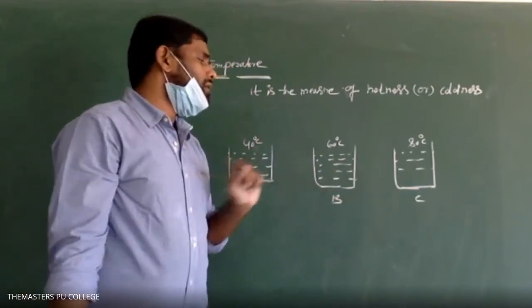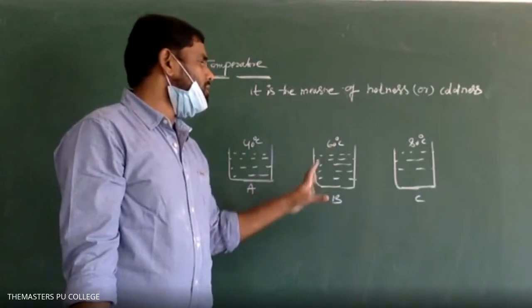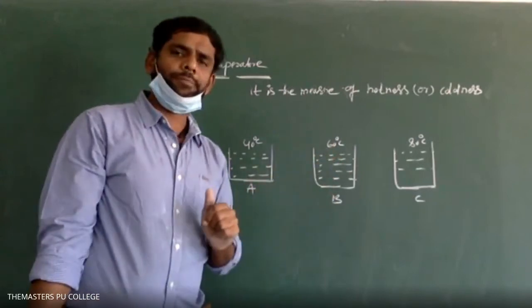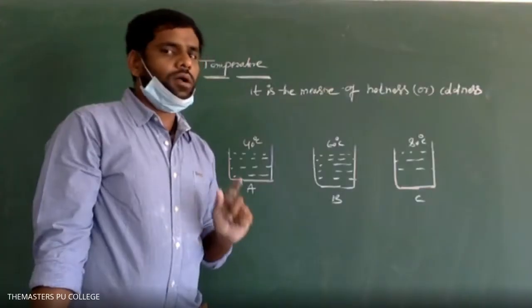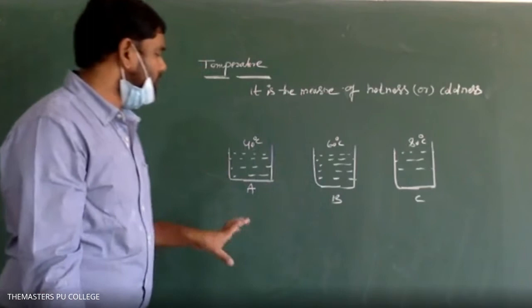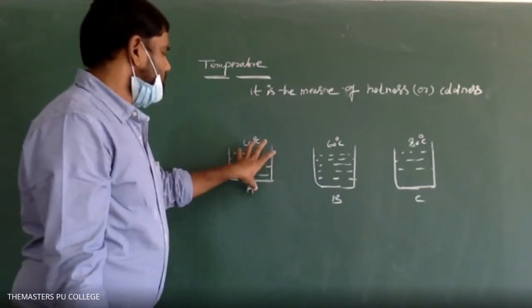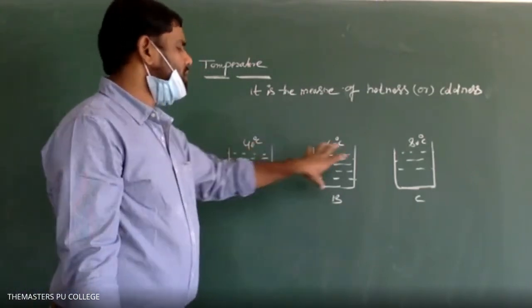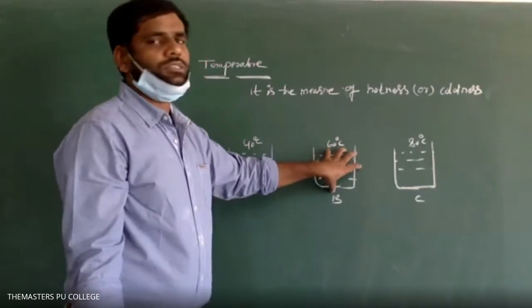What about B? Can I say that it is a cold body or a hot body? It can be a cold body also. Listen, when compared to the water in vessel A, the water in vessel B is hotter.